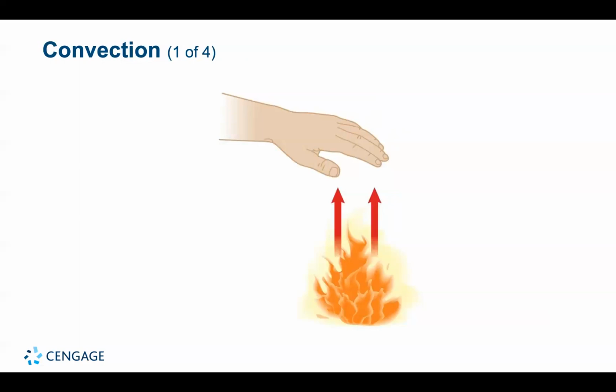The transfer of energy by the movement of a substance is called convection. When the movement results from differences in density, as with air around a fire, it is referred to as natural convection. Airflow at a beach is an example of natural convection, as is the mixing that occurs as the surface water in a lake cools and sinks.